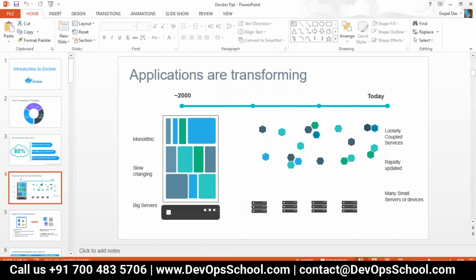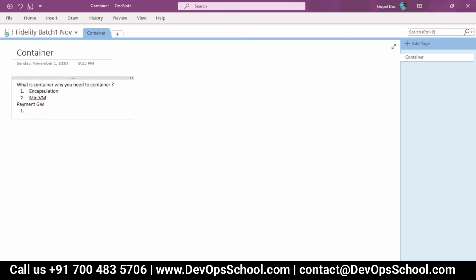For example, we take the payment gateway. Previously, I select a product, go to the payment gateway, do the payment and it failed. The payment has been deducted. Again, I need to fight with these people. But nowadays it's not failing because most of the payment gateways run on microservices.